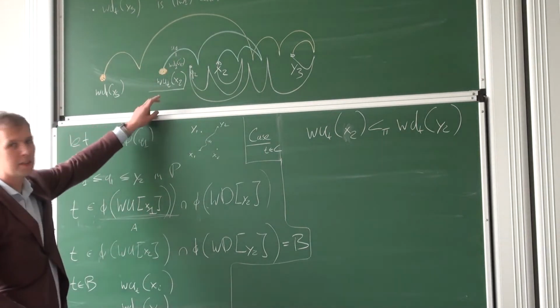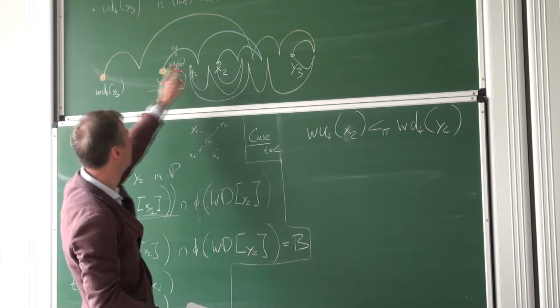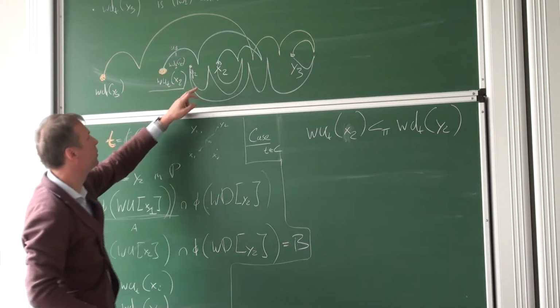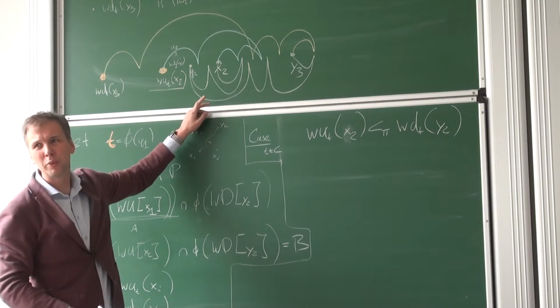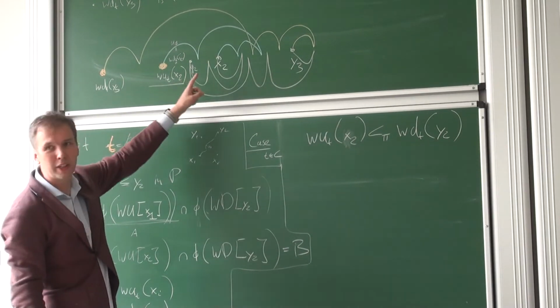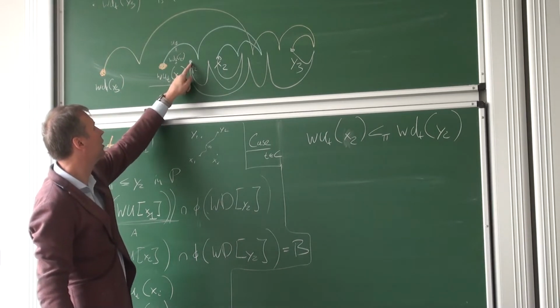The yellow is the kind of reachable path from some vertex here. Blue the same from some vertex here. White I have not so much control, but I know that the leftmost element of white is right of this guy.